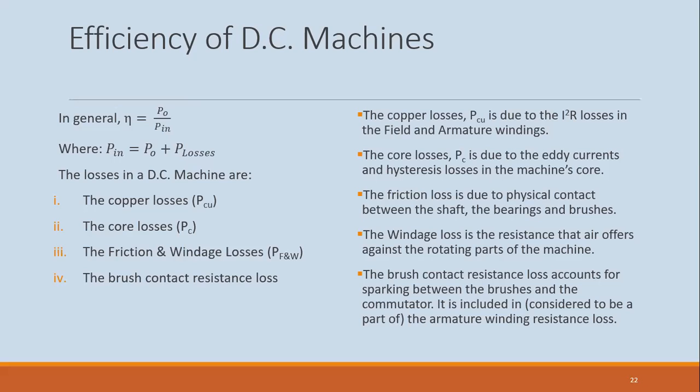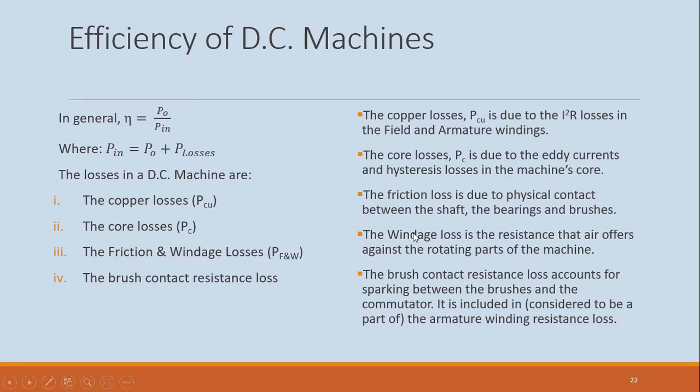So it is coming up against air, even though the air may be still around it, air is offering some resistance to the rotation. And that is called windage. And that is also coupled with friction that you would have at the bearings. So those are losses that need to be considered also.